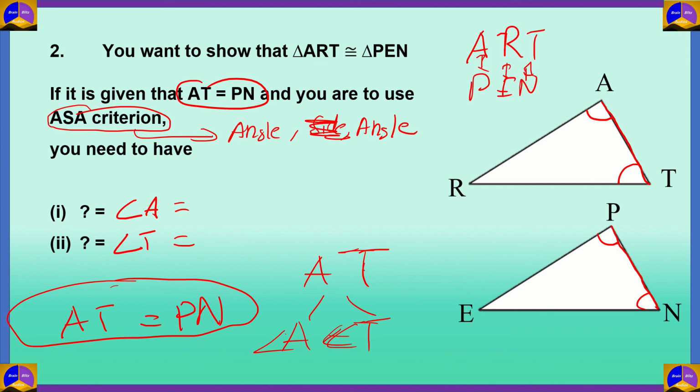And so angle A will be equal to angle P, and angle T is equal to angle N. So the two statements, the answer of this question, is angle A is equal to angle P and angle T is equal to angle N.